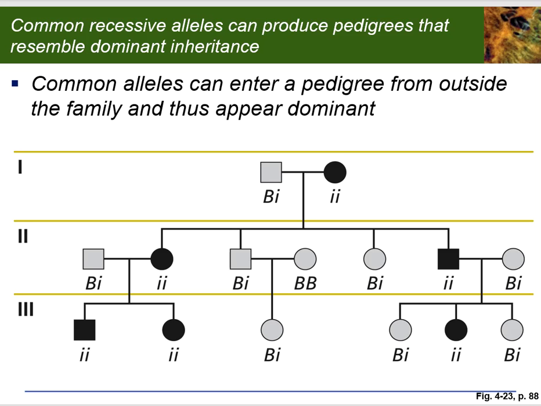In generation 2, two new copies of the little i allele are introduced into the family, in Roman numeral 2-1 and Roman numeral 2-7, producing 3 little i homozygotes in generation 3. As a result, inheritance of this common autosomal recessive allele produces a pseudo-dominant pedigree, with members of each generation showing the trait and about 1/2 of the offspring in each generation exhibiting the trait.